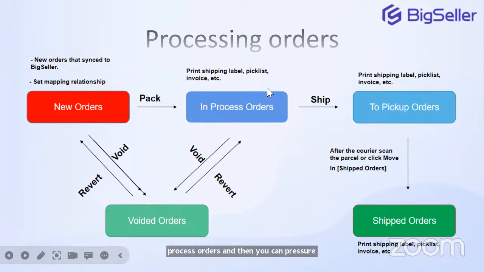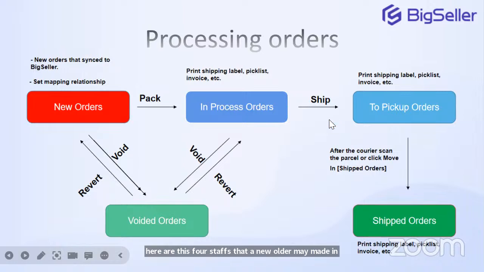After that, you need to ship your order. After the order ships successfully, it will be moved to pickup orders. And after the parcel is successfully scanned by the courier, it will finally be moved to shipped orders, the last status. So these are the four steps that a new order may go through in Big Seller.